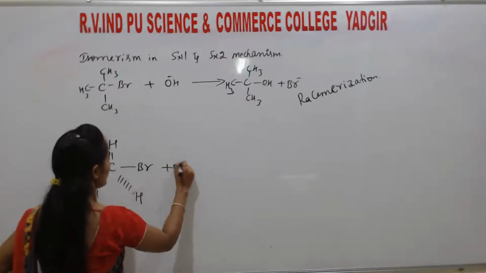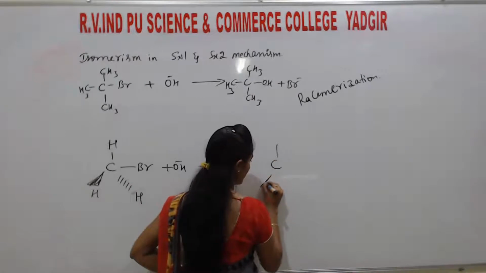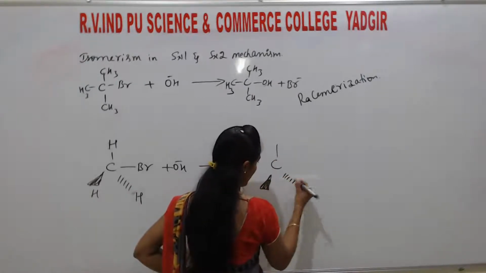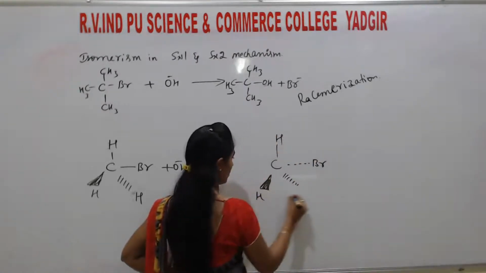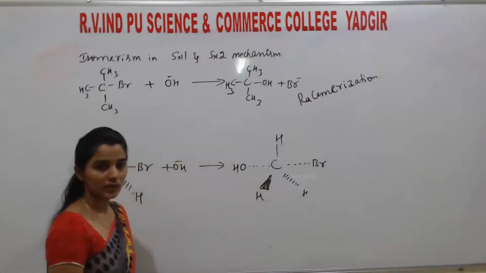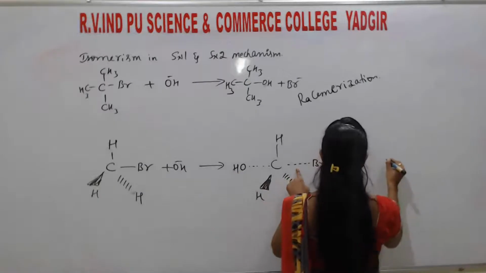If it is treated with alkali, do you know how this reaction will take place? Partially breaking and making of a bond takes place. Correct? That is the transition state.